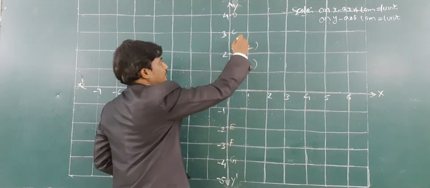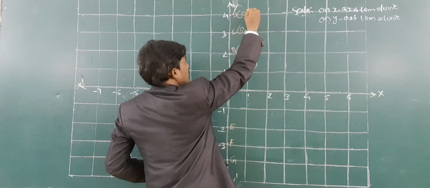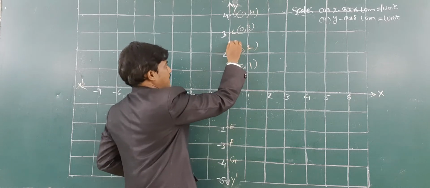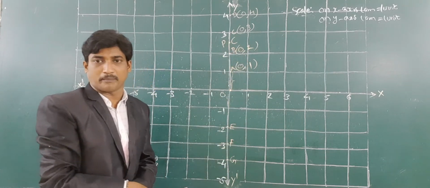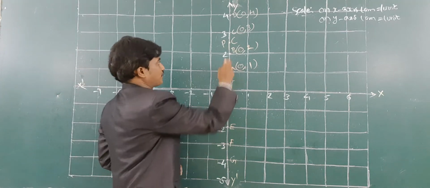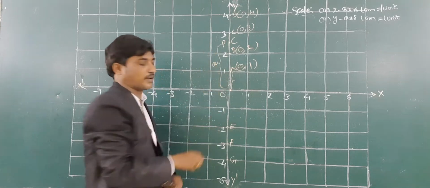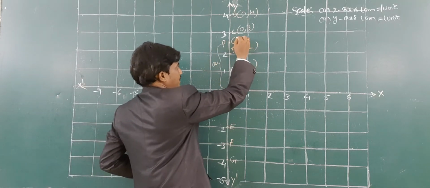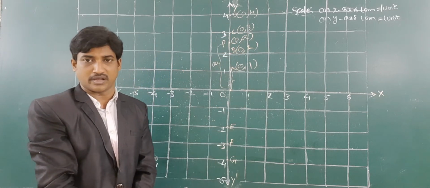In the same way, C is (0, 3), D is (0, 4). If a point P is at a distance of a units from the x-axis on the y-axis, then the point P is (0, a).